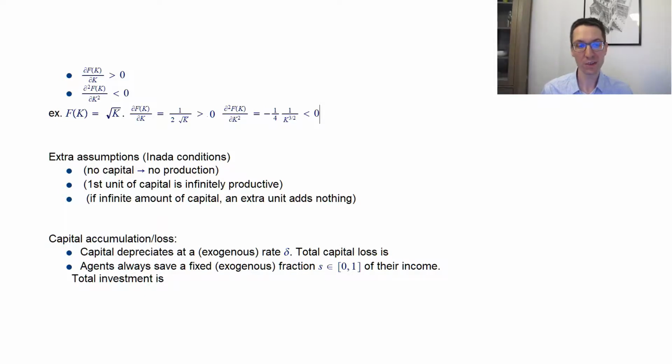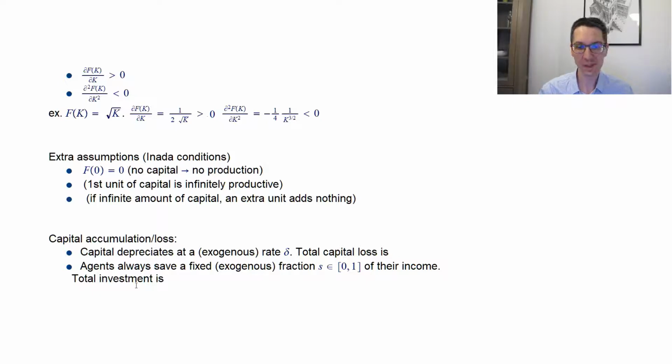So the first assumption is no capital, no production. In a way, if I had no capital, maybe I could build some things with my own hands, but here we're going to use this simplifying assumption. So I can write it very simply: f of 0 equals 0.